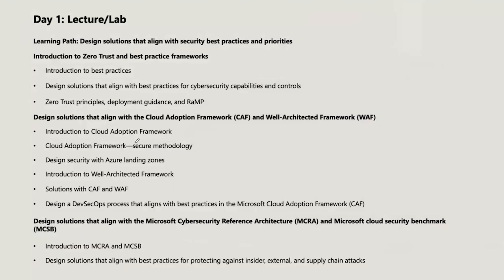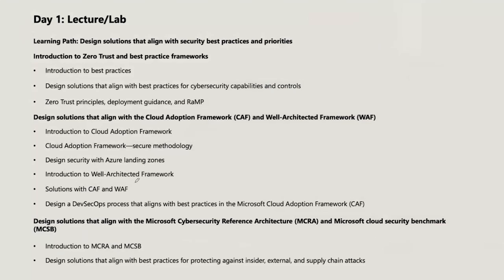So here we're talking about what is CAF, what we have in the CAF secure methodology, especially what options we have in CAF for security. Then we have design security with Azure Landing Zone. What is that Azure Landing Zone? Why should we use it?